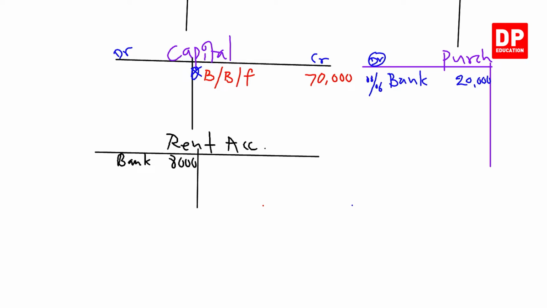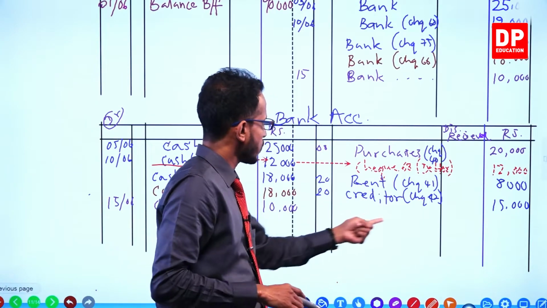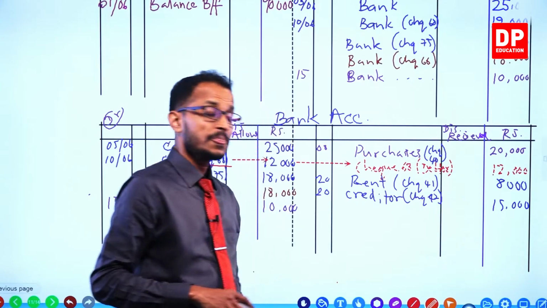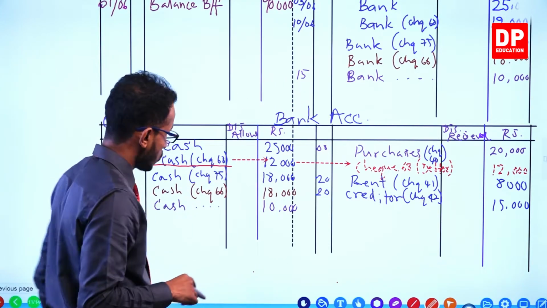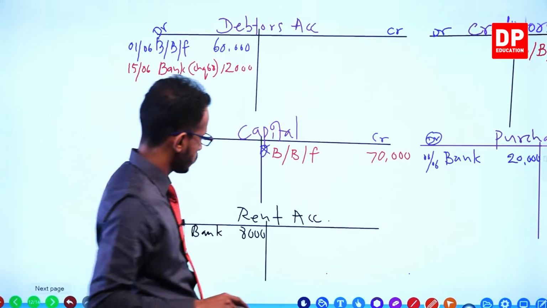Description bank, 20th of the month. The second one is creditors. Check number 42, 15,000. We already have a creditors account. So let's go to the creditors account. 15,000, creditors.